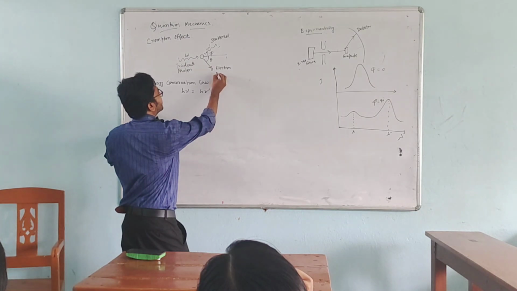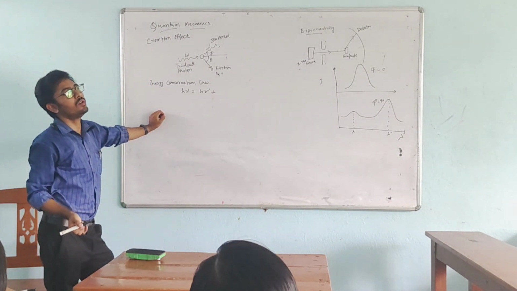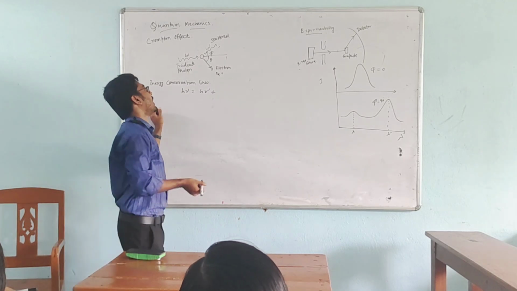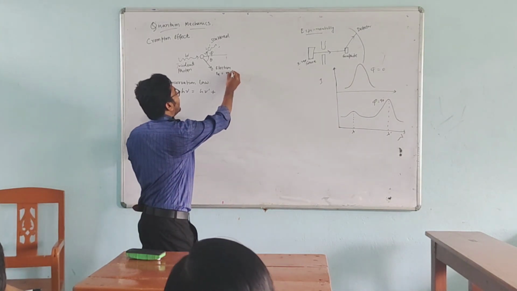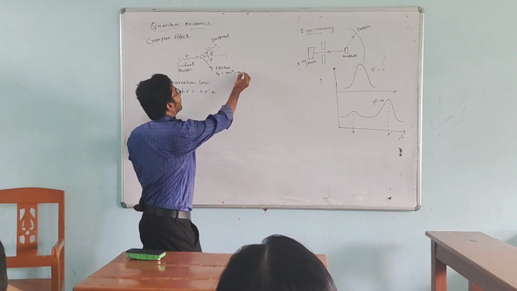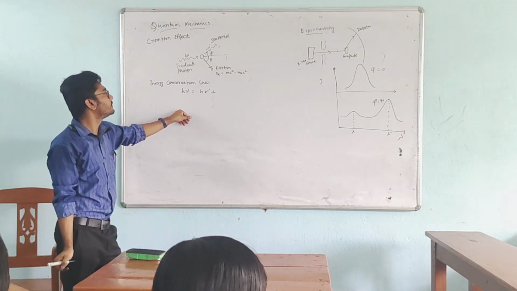From the special theory of relativity, this kinetic energy should be mc square minus m naught c square, right?